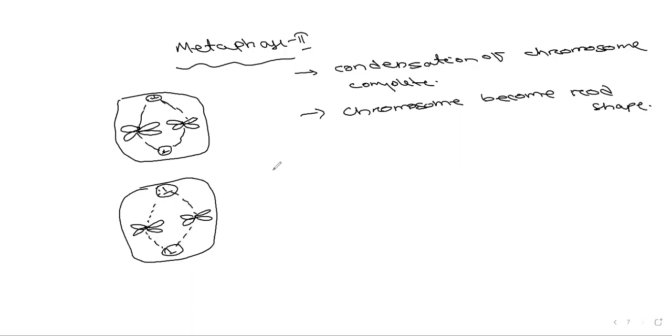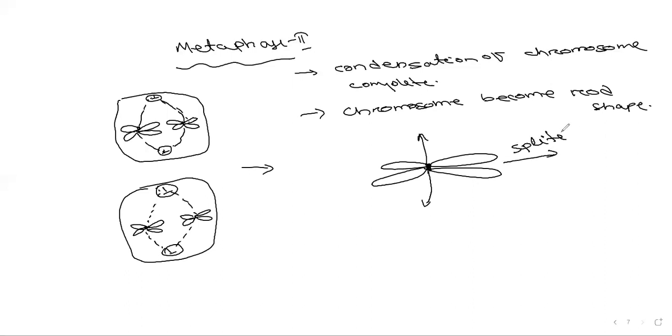This is attached with this. Now what will happen? Now they will start to move towards each pole. Here the chromosome splits from the centromere. Suppose this is one chromosome and this is your centrosome. When this spindle fiber pulls this towards this, what will happen? There will be splitting of the chromatids.